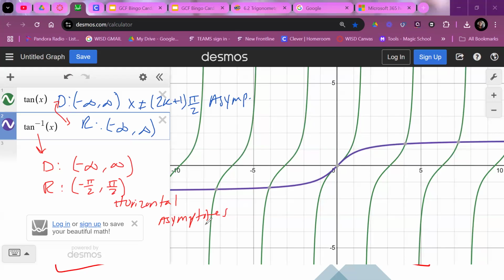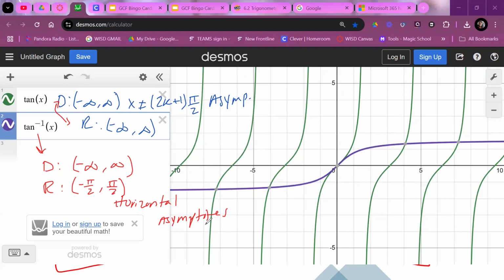They just wrote it at the bottom underneath the graphic. Is that a k or 2x? It's 2k plus 1.